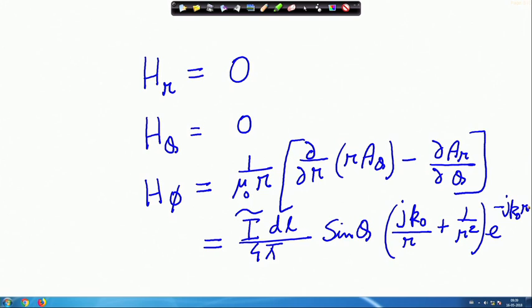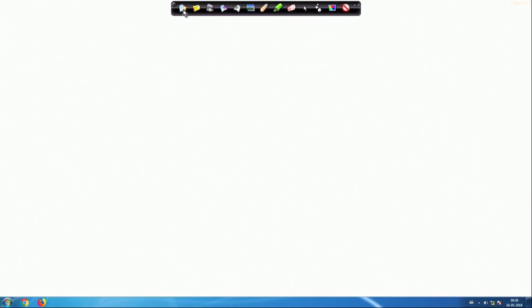So, we just manipulate and write this very important magnetic field, the phi component.